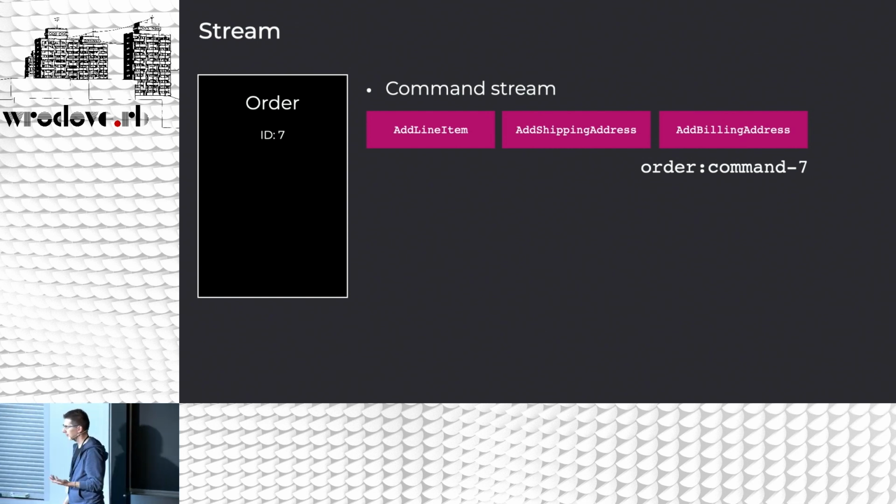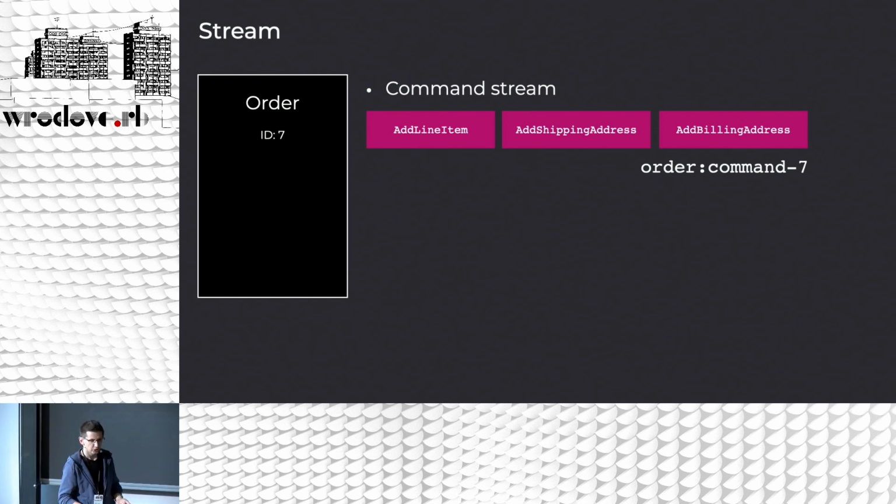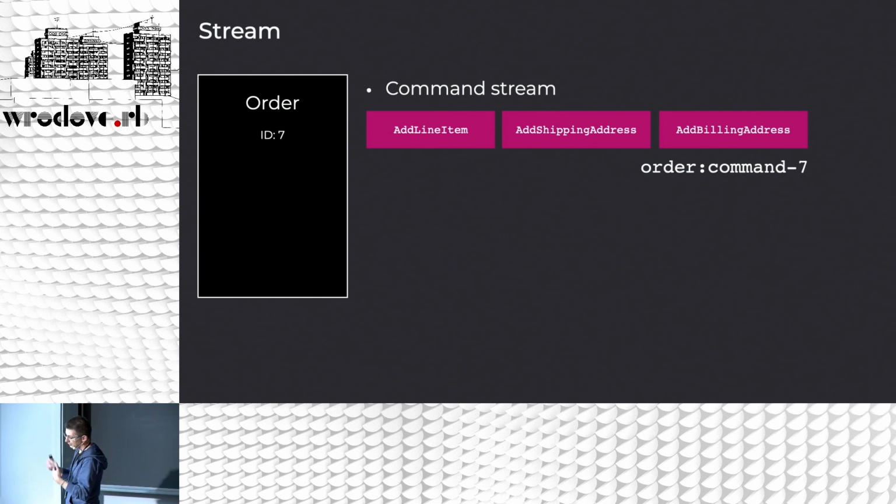Streams are the fundamental unit of message organization, but you don't create streams. You just create a message and say, okay, your message is in this or that stream. This is how a command stream for order 7 would look. That's the name. And if we want to see the commands for this entity, we would look into this command stream.